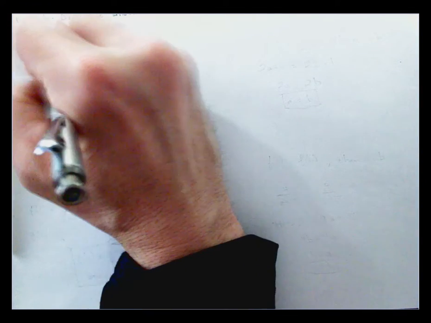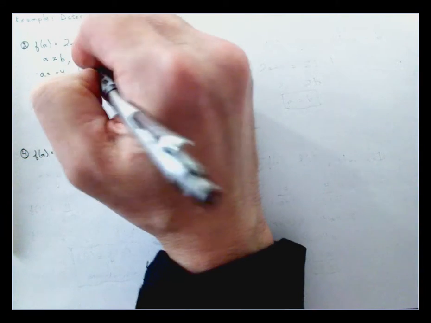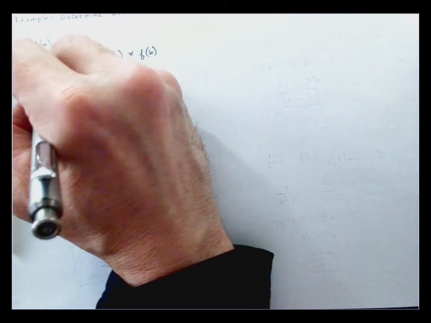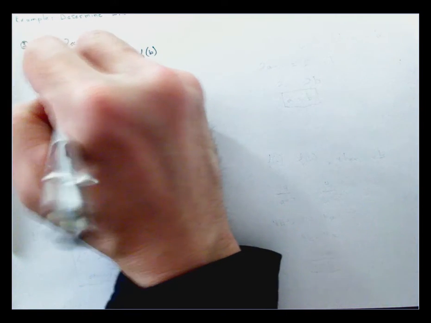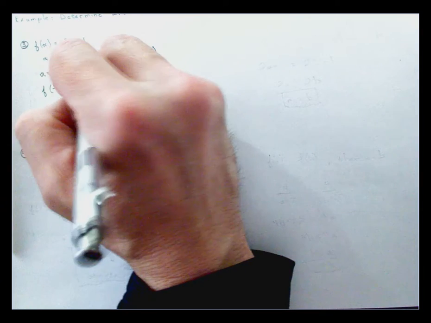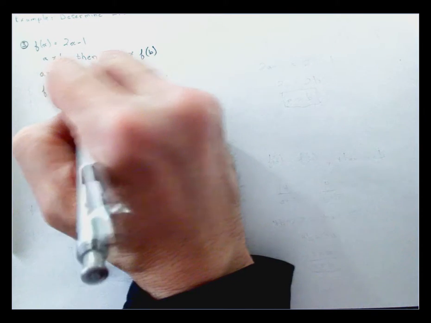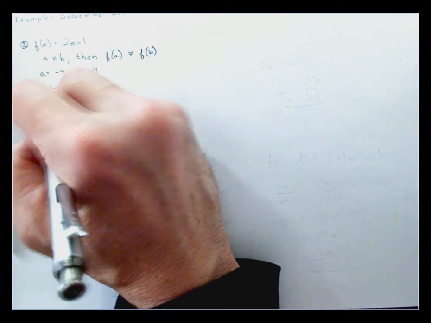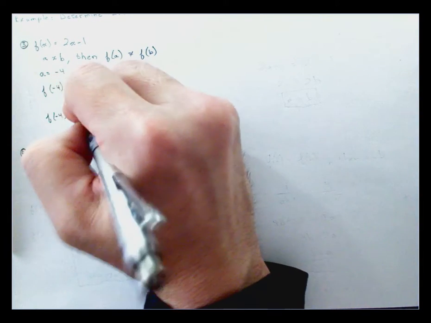I'm going to say A equals a negative 4, and I'll pick the opposite, B equals 4. So we'll look at f of A first. So f of a negative 4, and all I do is I take negative 4 and I plug it into my function. I'm saying f of a negative 4 equals a negative 9.